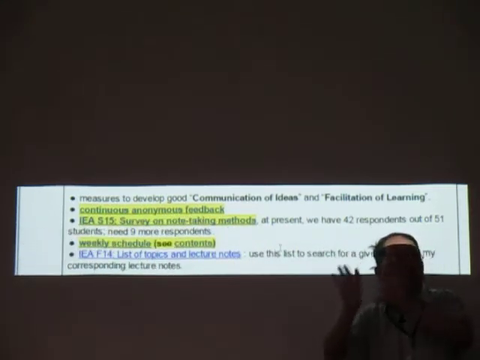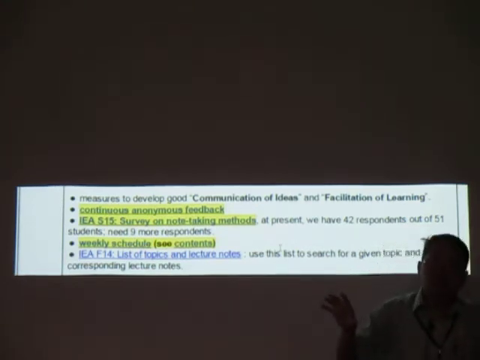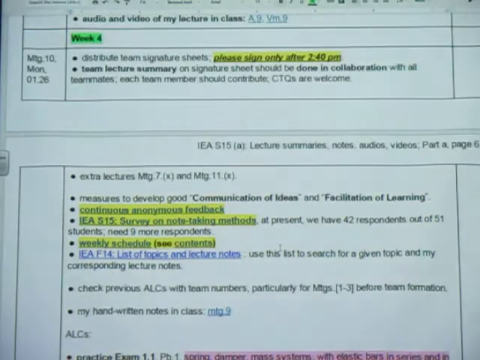And once you find the topic, then you can see the corresponding lecture notes. For some reason, I had this last semester, but many students did not know how to use or take advantage of this service.